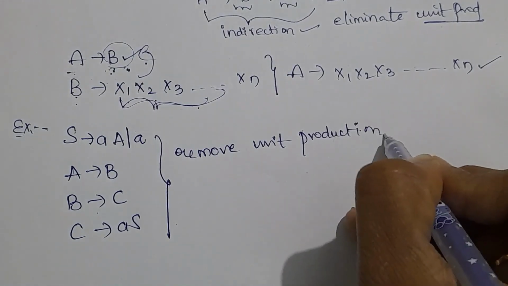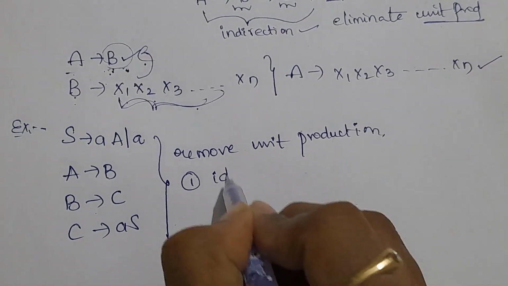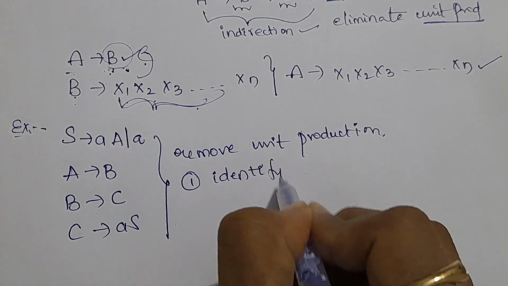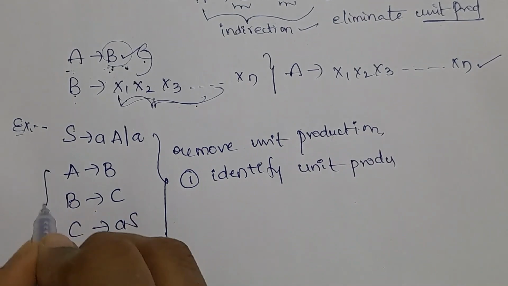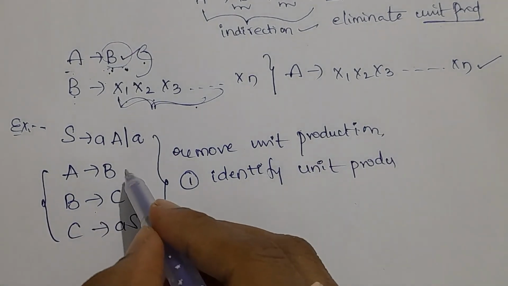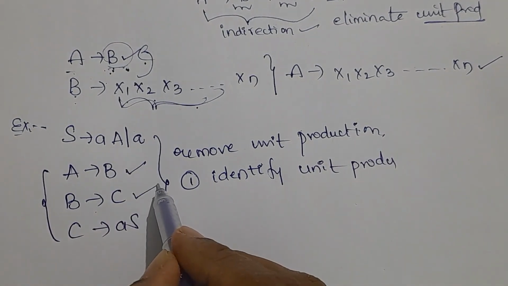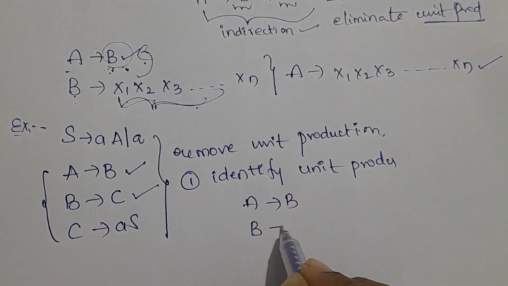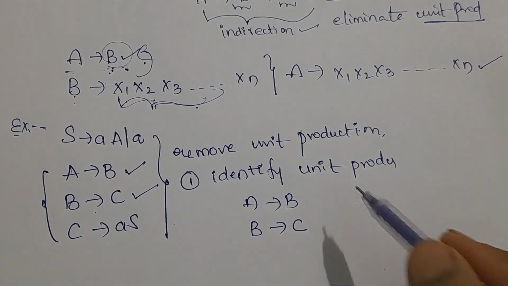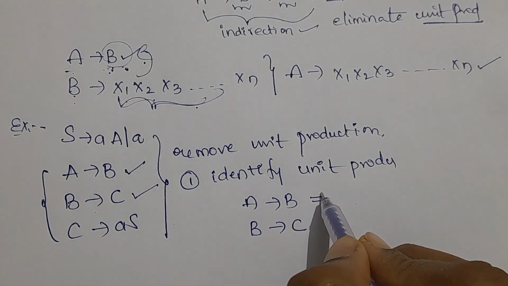First of all, you need to identify unit productions here. In a given CFG, what are all the unit productions? A tends to B and B tends to C are the unit productions. Let's consider this particular unit production.